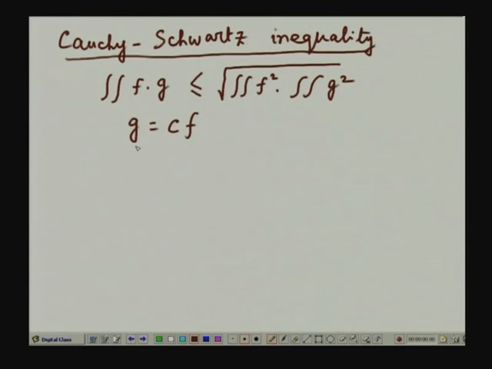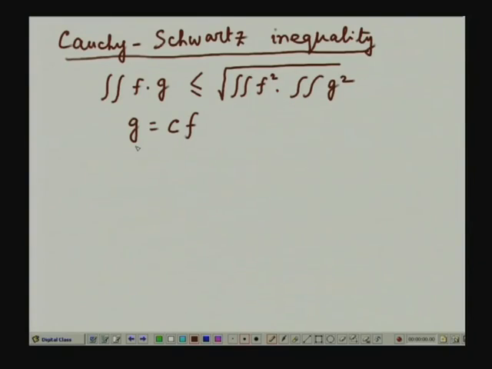So, this also says that whenever f or the template is similar to a region of the given image G with a multiplicative factor of constant C, then this f into G integration will take on the maximum value. Otherwise, it will be less.